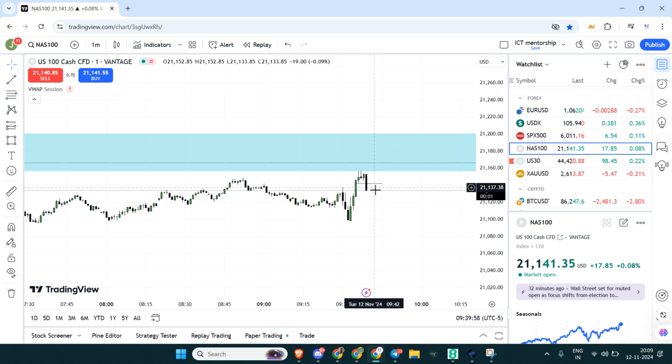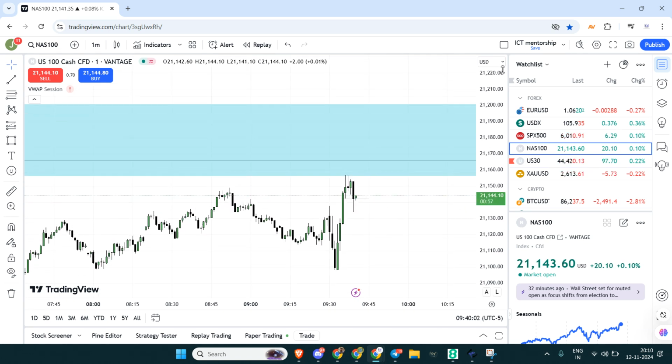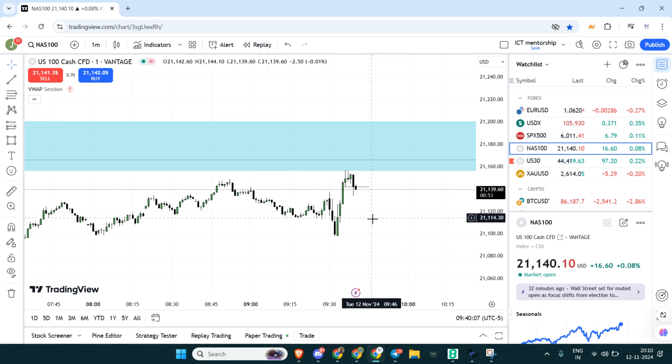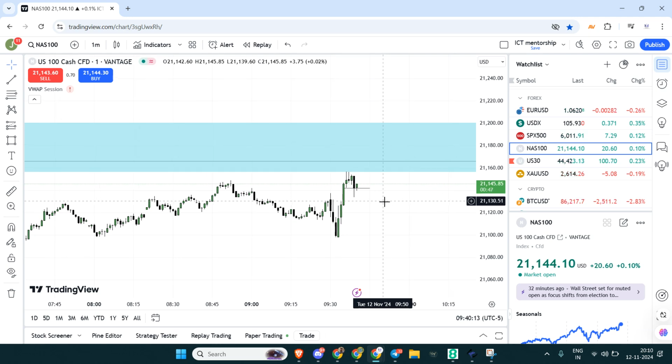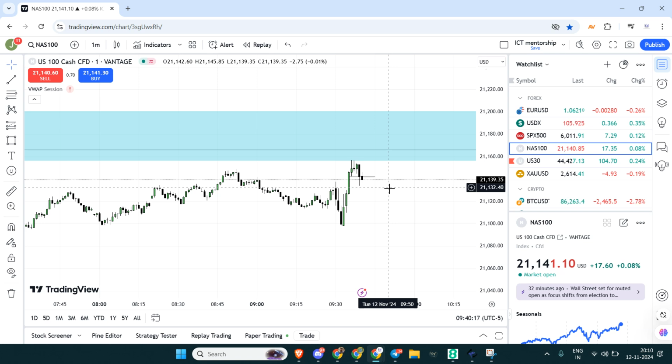Price already tapped or mitigated the FVG, and you can see the wick there. Price is going to go up until these levels. This is a higher time frame liquidity, so we are going to see some reaction from there. Let's just wait for that.